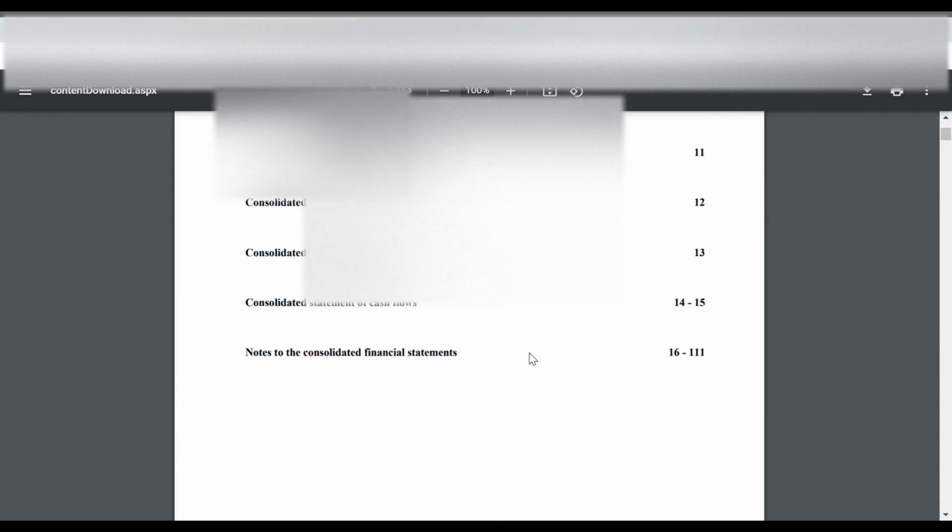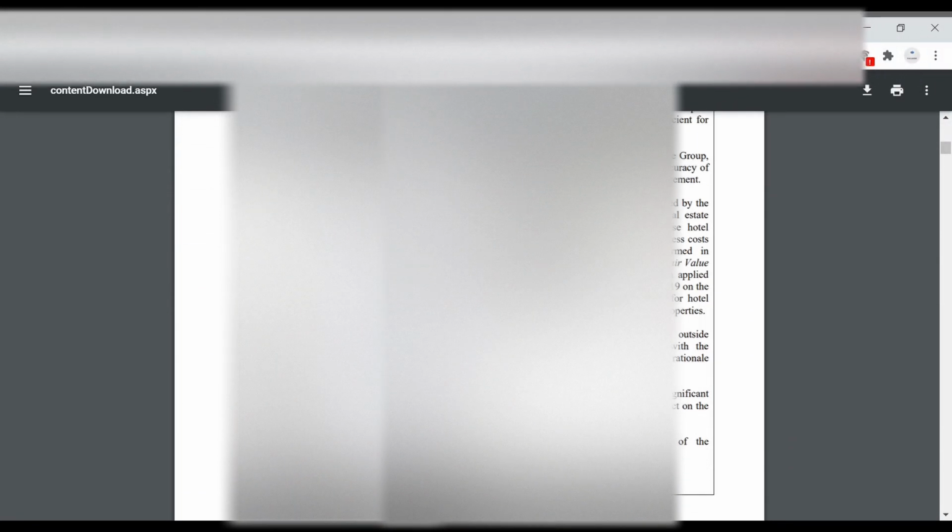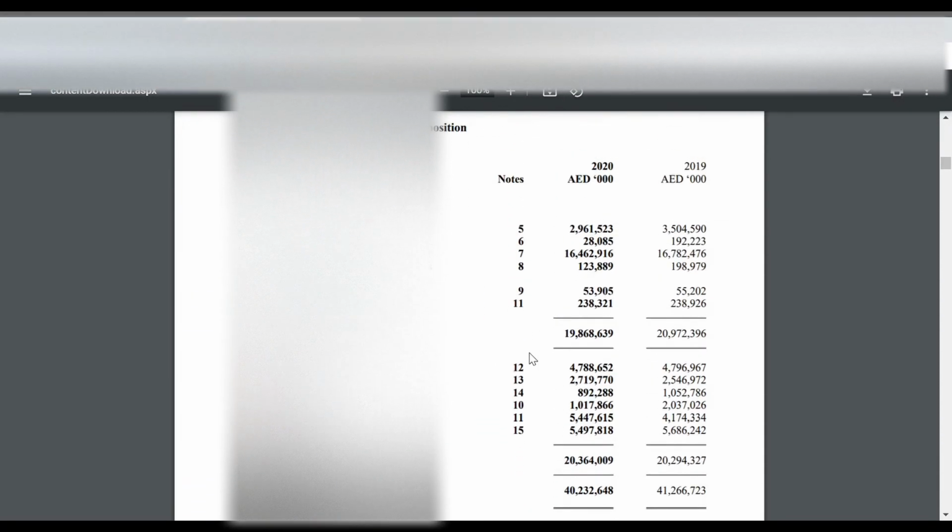As you can see, this is the financial statement, consolidated. Firstly, I'll jump straight onto the balance sheet of the company, which is here.